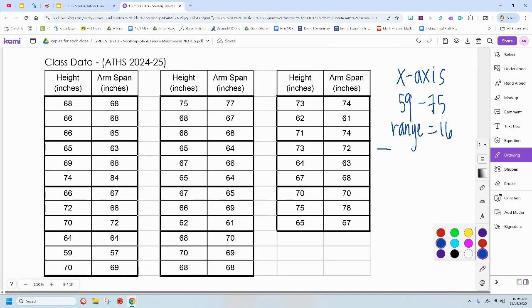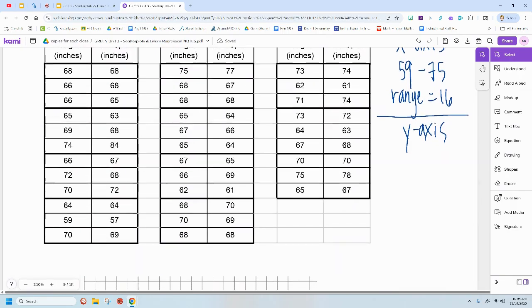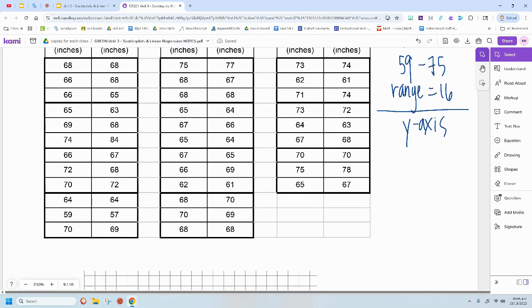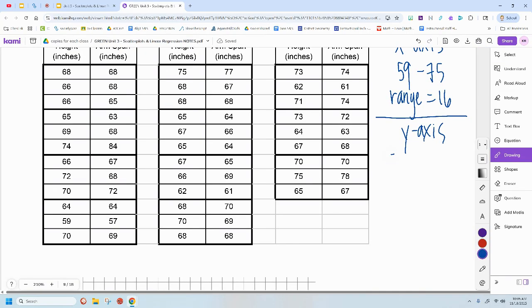Okay, so now let's do the same thing for the y-axis, which is going to be our arm span. Okay, smallest arm span. 57. Okay. Largest arm span.